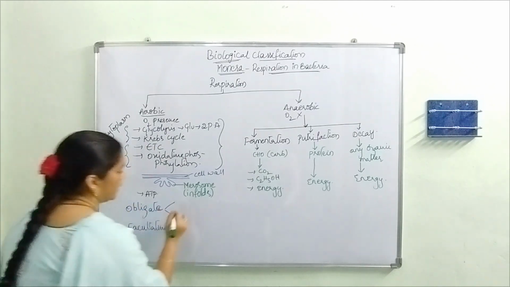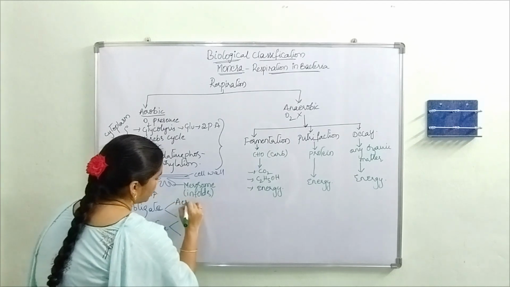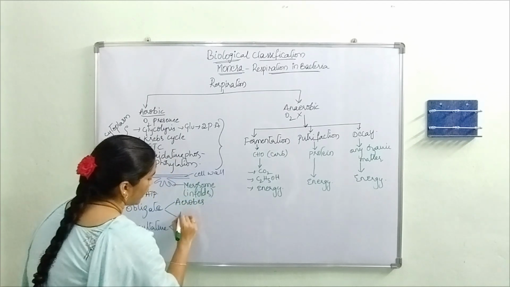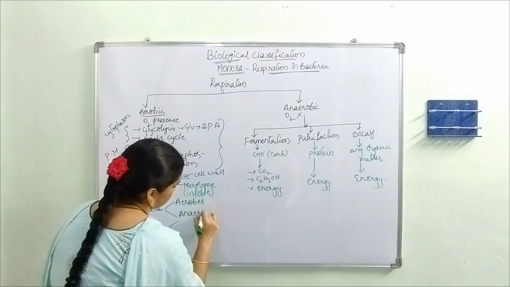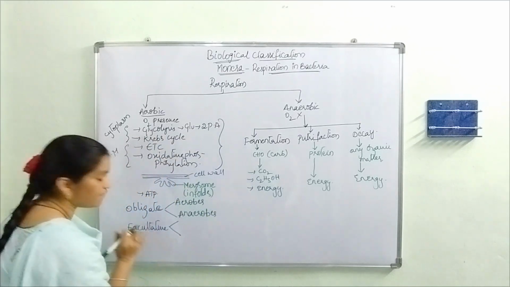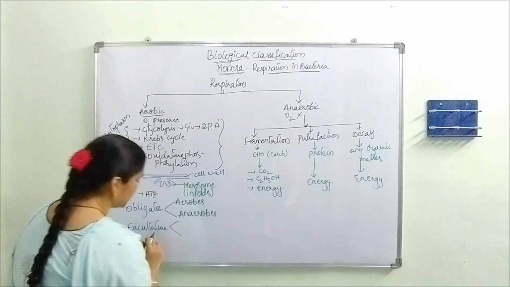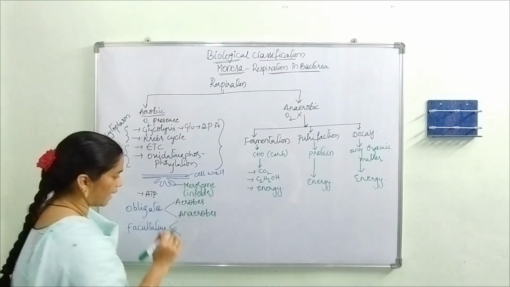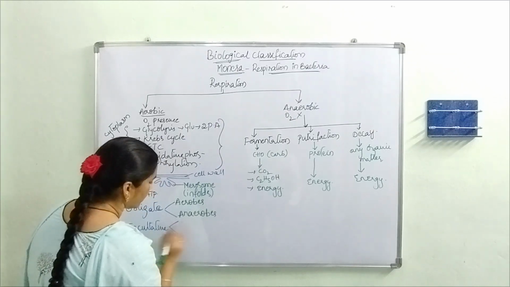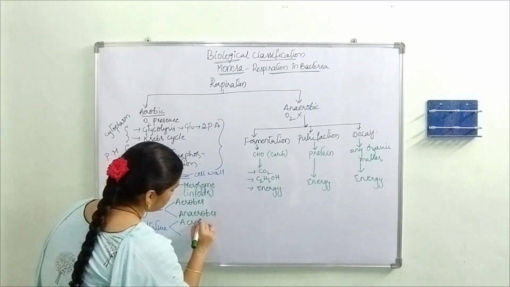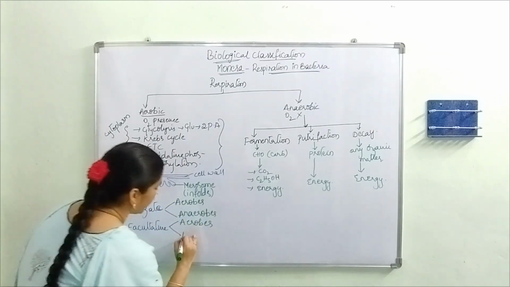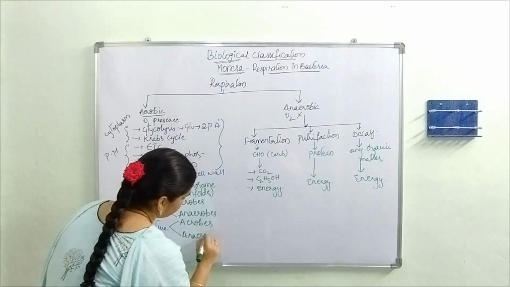They are obligate aerobes and obligate anaerobes. The facultative type is also categorized into 2 types. They are facultative aerobes and facultative anaerobes.